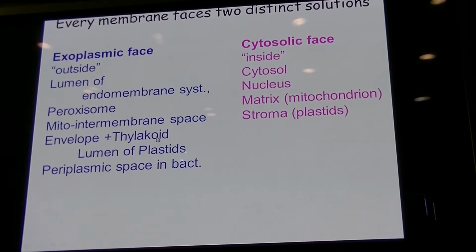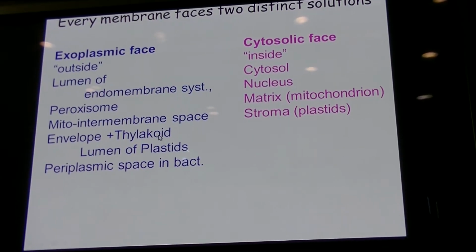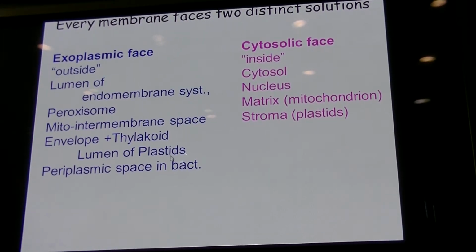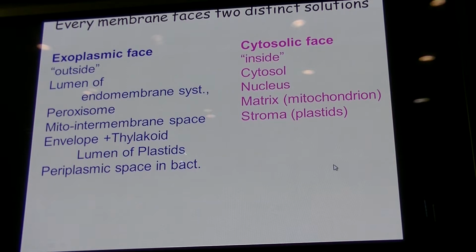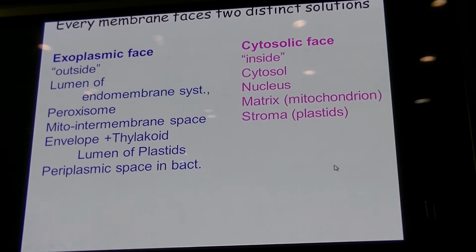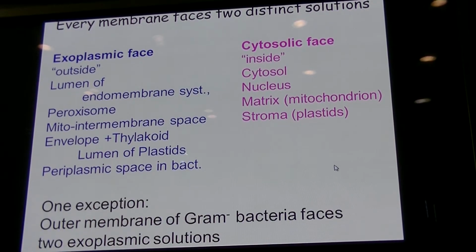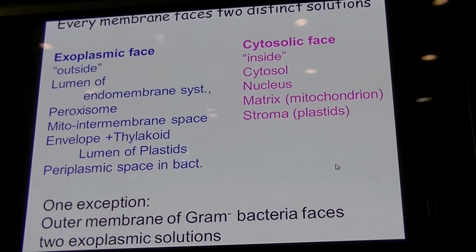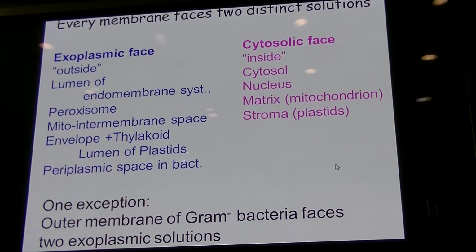And then in chloroplasts, the space between the two membranes of the envelope, that is the outer and the inner membrane, and then the space within the thylakoids, that is the lumen. And then finally, the periplasmic space in bacteria qualifies as the same. Now I'm telling you, these two compartments are fundamentally different. So there's, again, one exception, the outer membrane of gram-negative bacteria. It faces two compartments that are both to be considered as exoplasmic, outside of the cytosol.